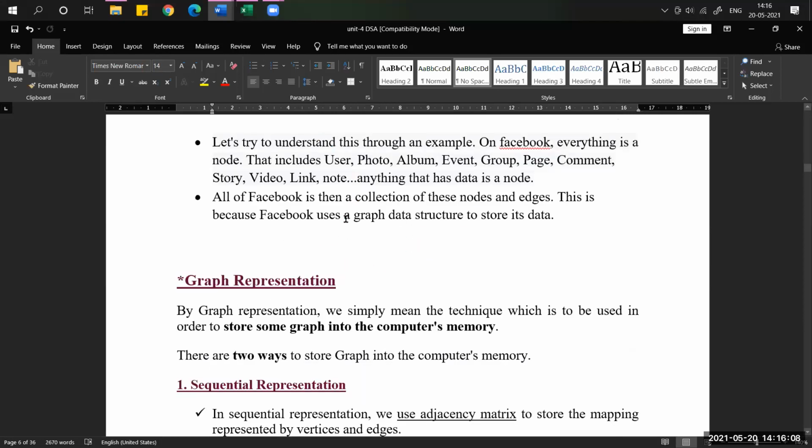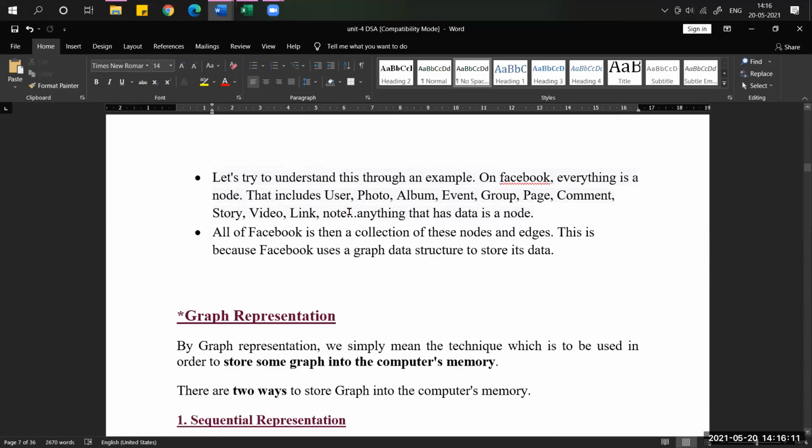So up to now, what I said, that is a simple example. In the next one, if you want to understand Facebook, then we are going to use the graph concept to represent the persons' data. All the data in Facebook is a collection of nodes and edges.